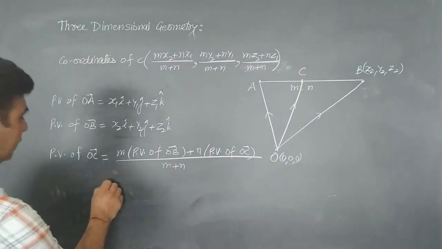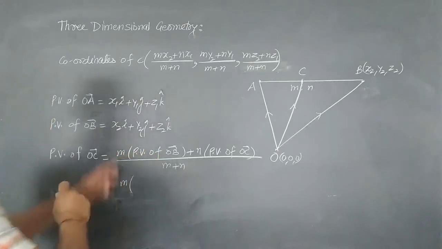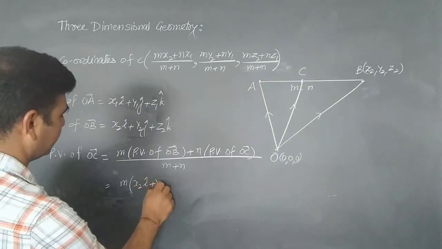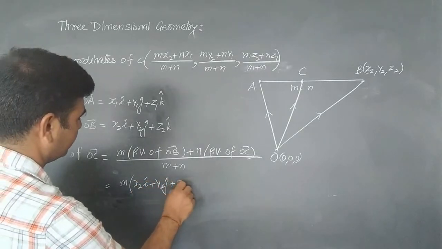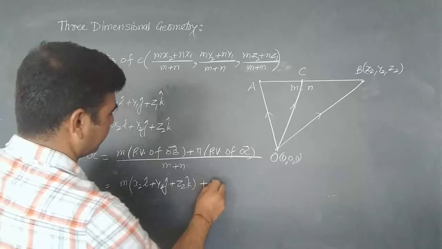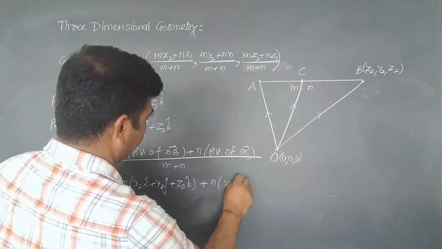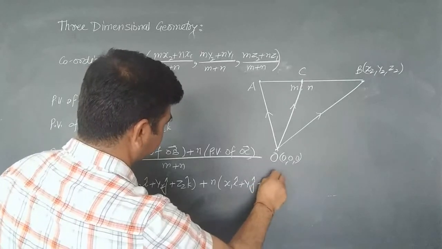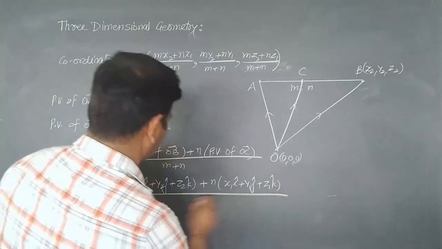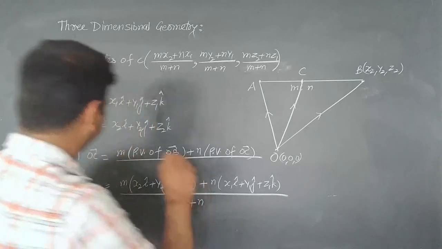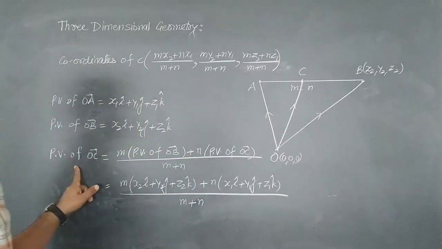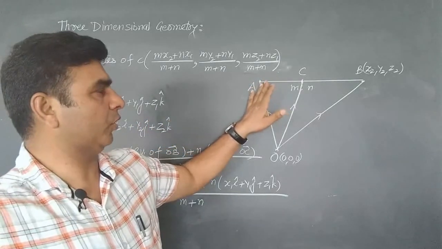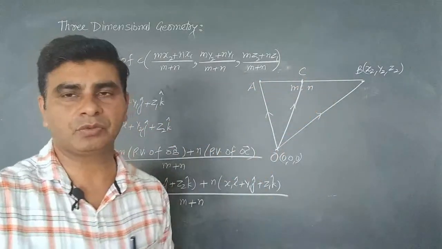And we have m multiplied by the position vector of OB, which is x2 i cap plus y2 j cap plus z2 k cap, plus n multiplied by x1 i cap plus y1 j cap plus z1 k cap, divided by m plus n. So this is the position vector of the point C which divides the line segment joining the points A and B in some ratio m is to n.